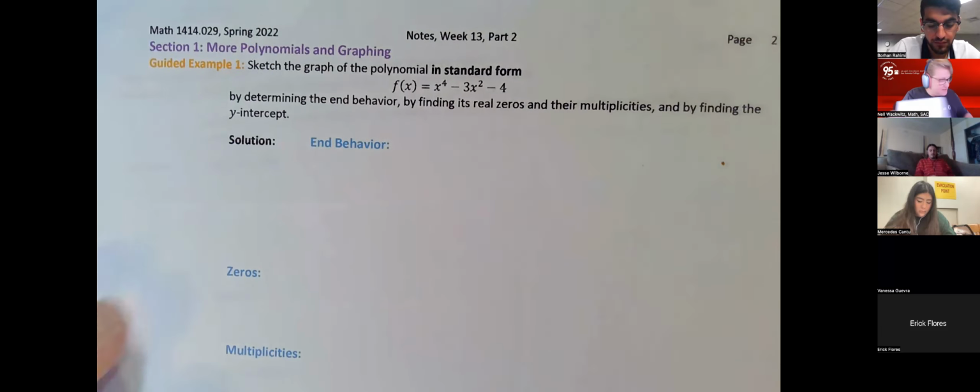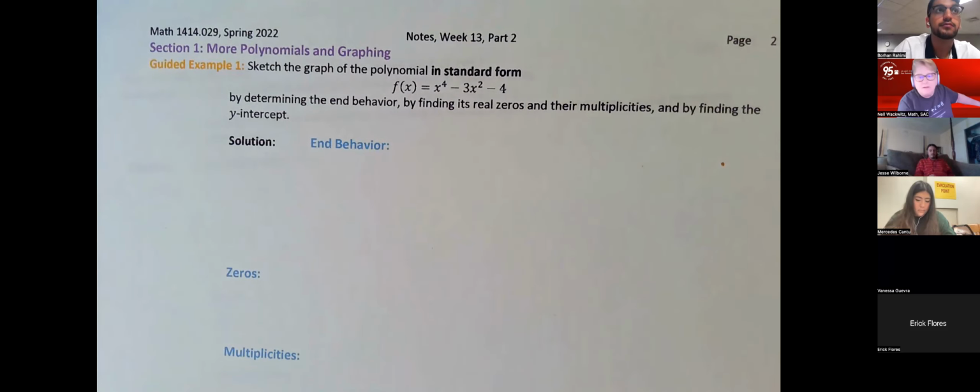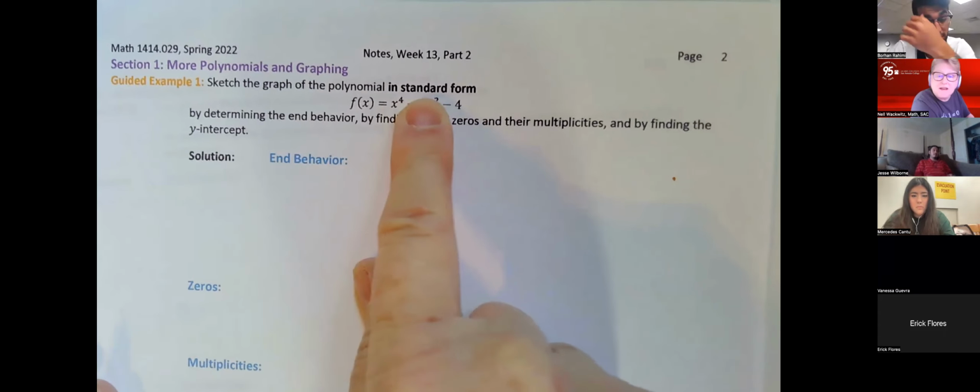Are things added and subtracted, or are things multiplied? They're added or subtracted, so it's standard form.